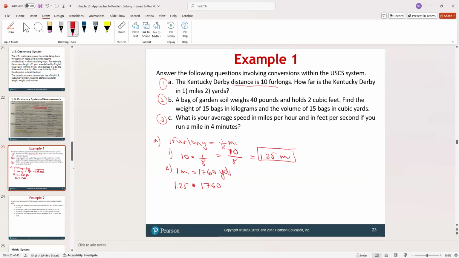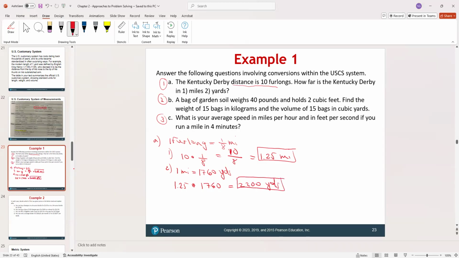If I grab a calculator very quickly, 1.25 times 1,760 gives you 2,200 yards.